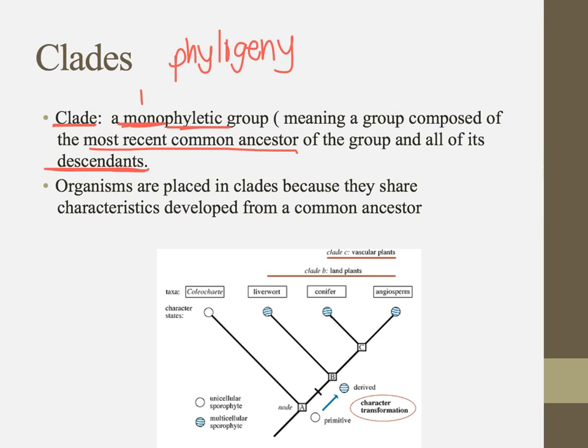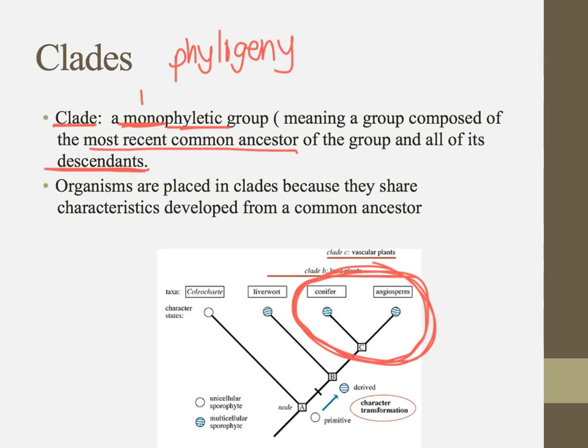And the smaller your clade, the fewer organisms you're going to include, but the more characteristics they'll have in common. So for example, if I wanted to make a clade that included vascular plants, I would only be including these individuals: conifers, angiosperms, and their common ancestor.